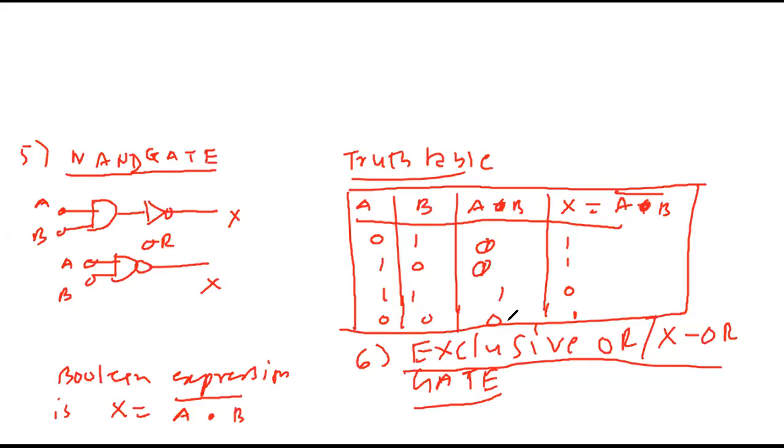It produces high output only if one input is high. It produces high output only when one of the inputs is high.